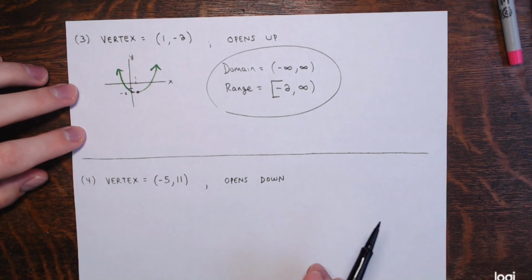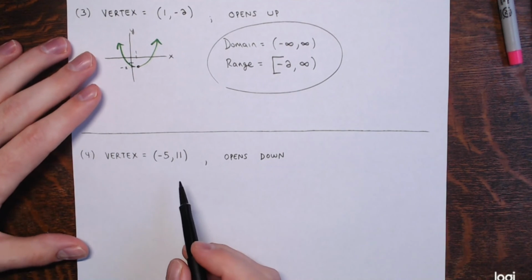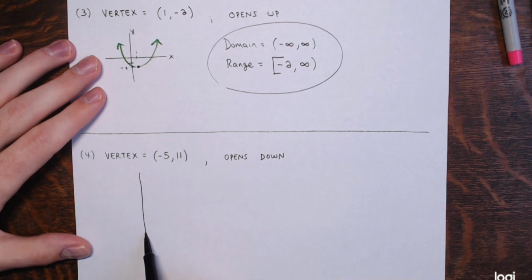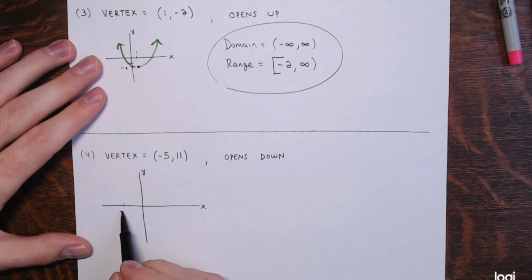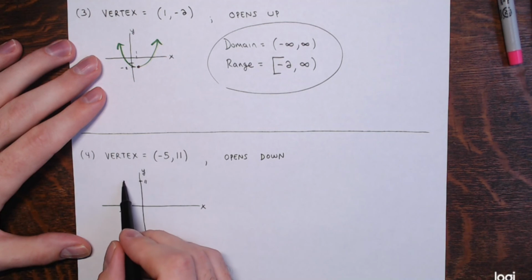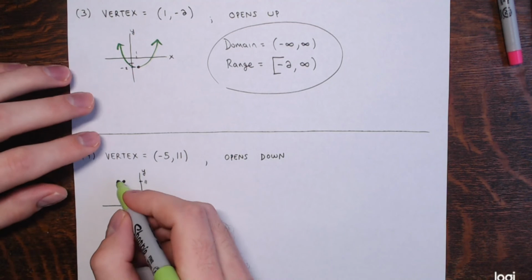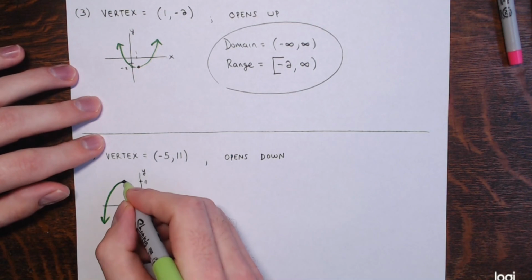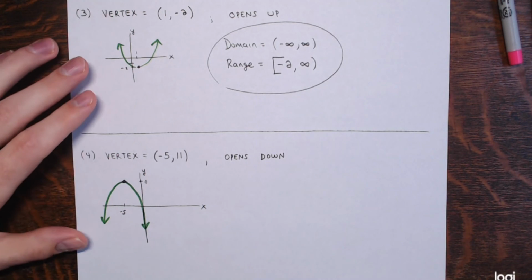And the final example I'm doing in this video, very short one this time. Vertex is -5, 11. So in quadrant 2 here, and it opens down. Again, I don't know how wide it is, how narrow it is. I just know that it opens down. That's all I need to know.